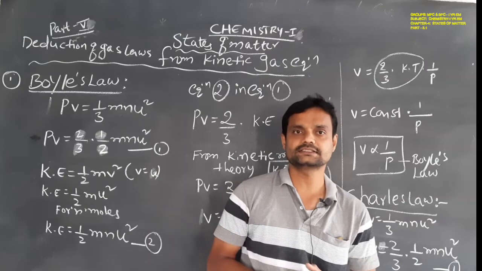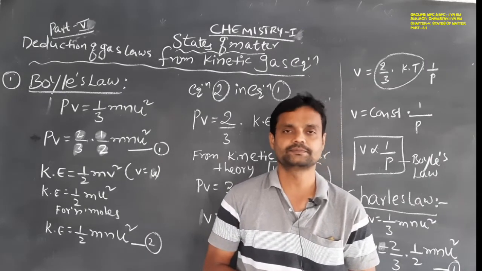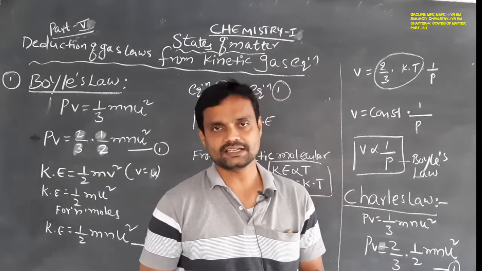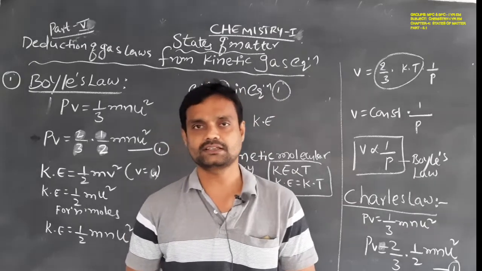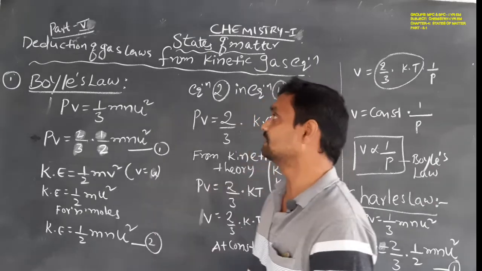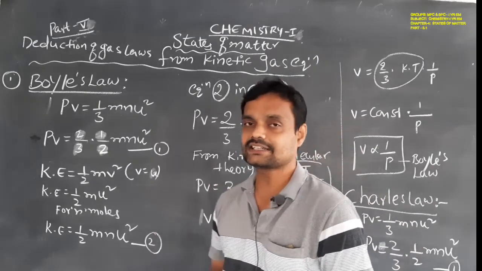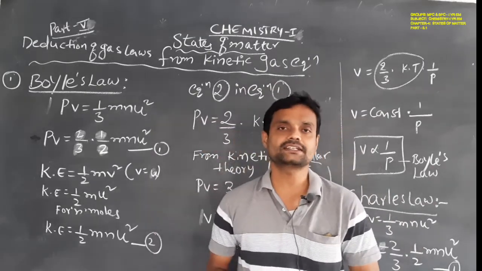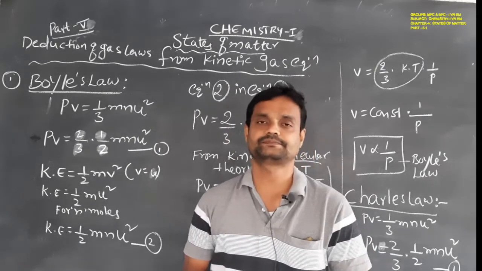We have also learned the kinetic molecular theory, Graham's law and Dalton's law of partial pressure. Now here we have to discuss the deduction of gas laws from the kinetic gas equation.